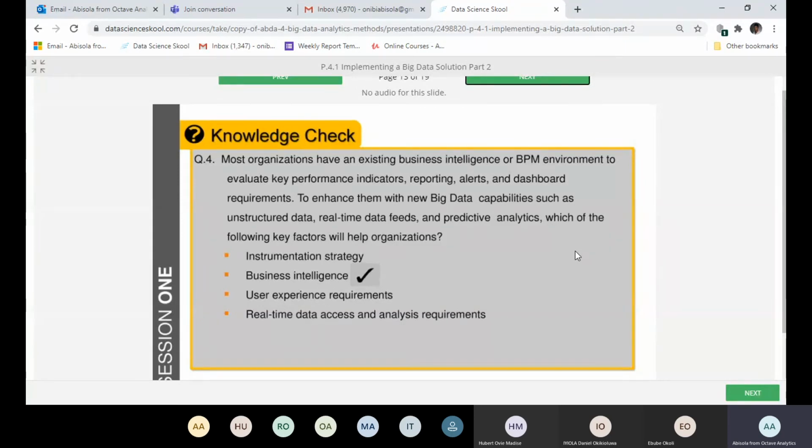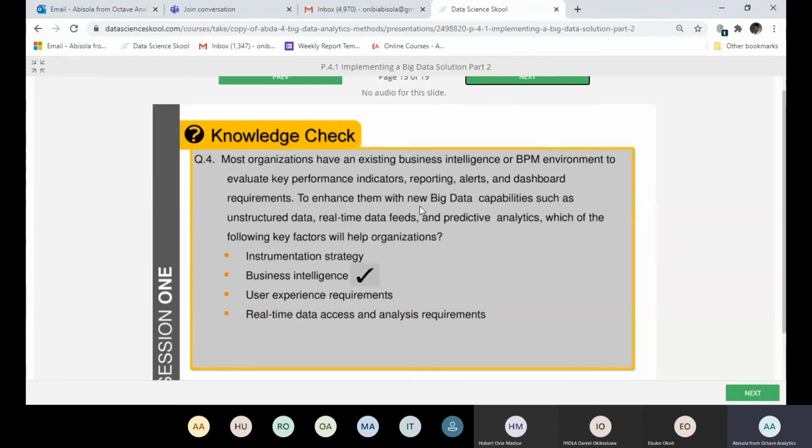So as a big data solution person, you're not coming into most organizations where they don't have anything. Most of the time they actually have something that helps them to determine when they are going off profit or when they are hitting a KPI. They always have something like that.